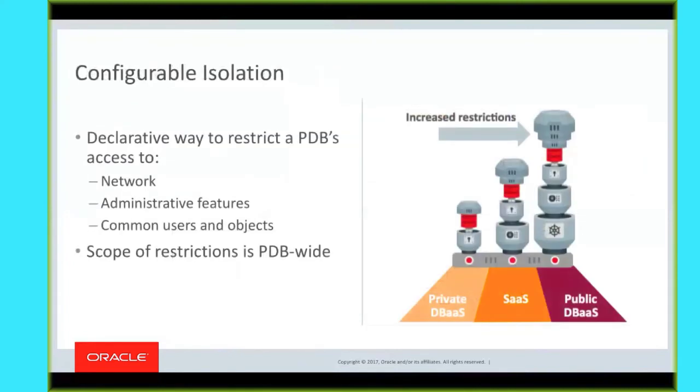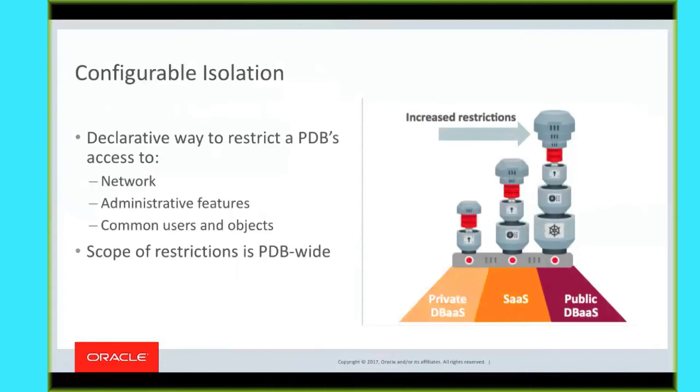So what's a lockdown profile? It provides you configurable isolation, and it's a declarative way of restricting a PDB's access to network, administrative features, common users, and objects. It's a mechanism to restrict certain operations and certain resources within a PDB.